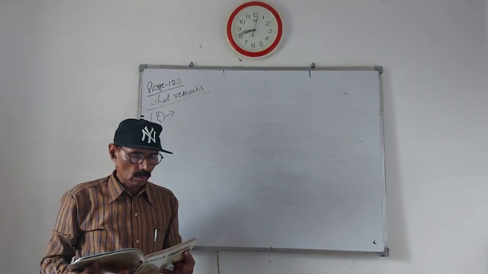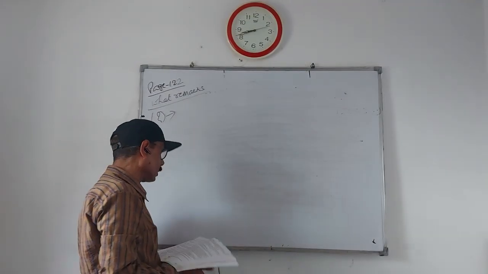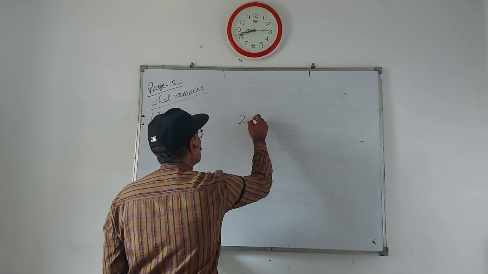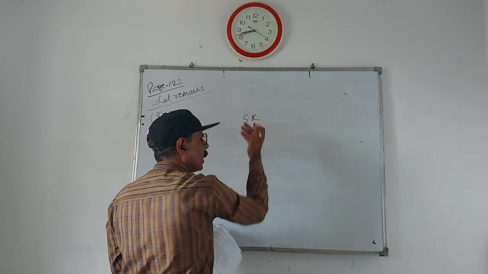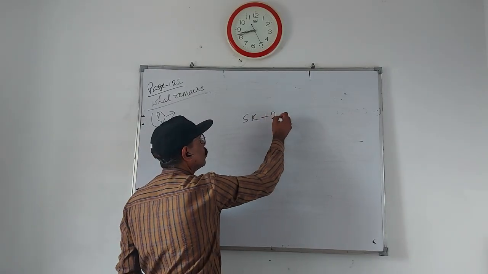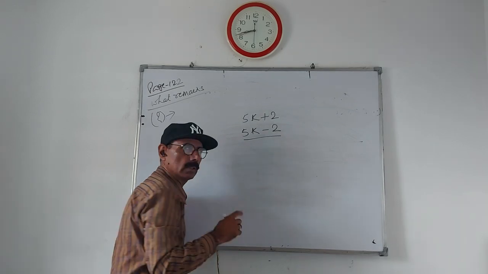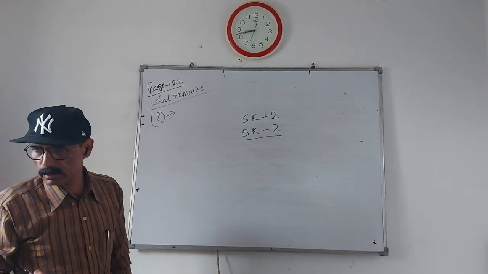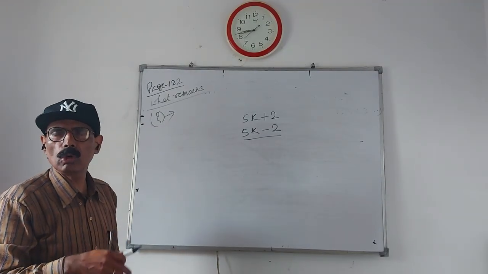Okay, so 5k, or n or m, any number you can write. 5k plus 2 was one equation. 5k minus 2 is another equation. These two we have already explained. If the question asks to write one more equation or two more equations.